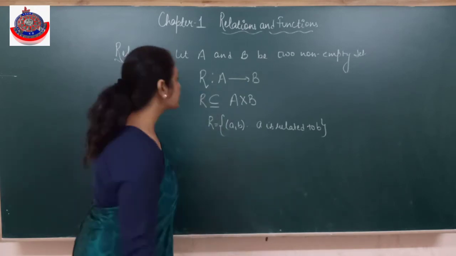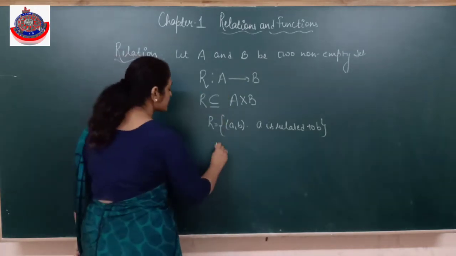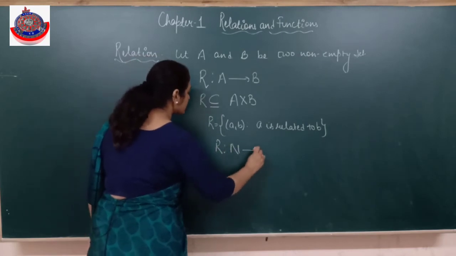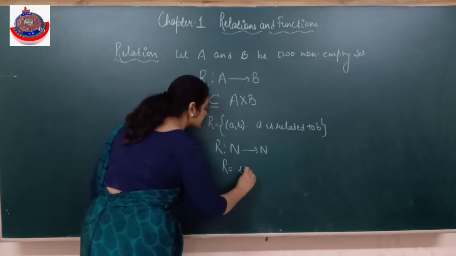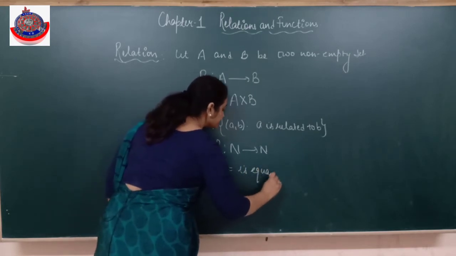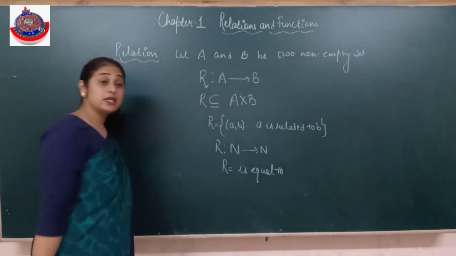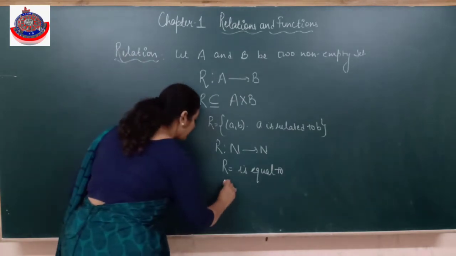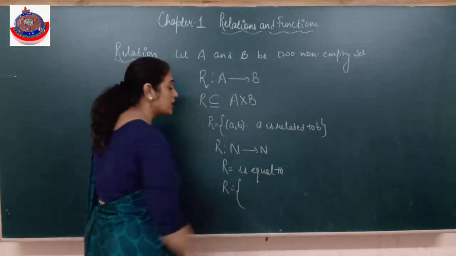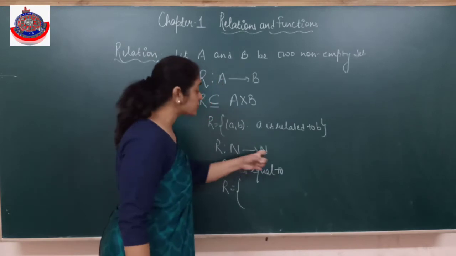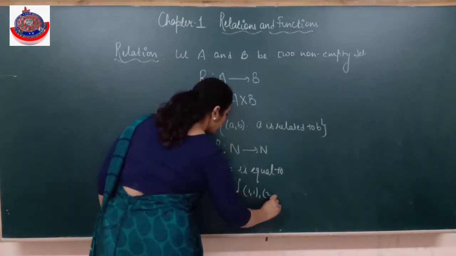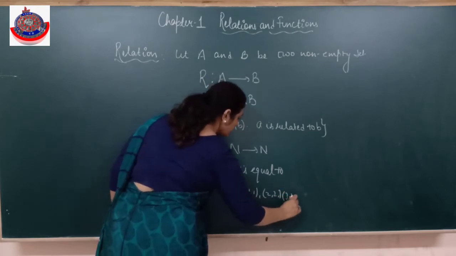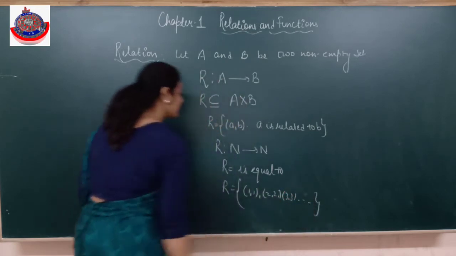Did you understand? I'll just give you an example. Suppose the relation is from N to N, natural numbers to natural numbers, and R is defined as is equal to. So R will have all the elements of the first set which are equal to the second set: (1,1), (2,2), (3,3), and so on.